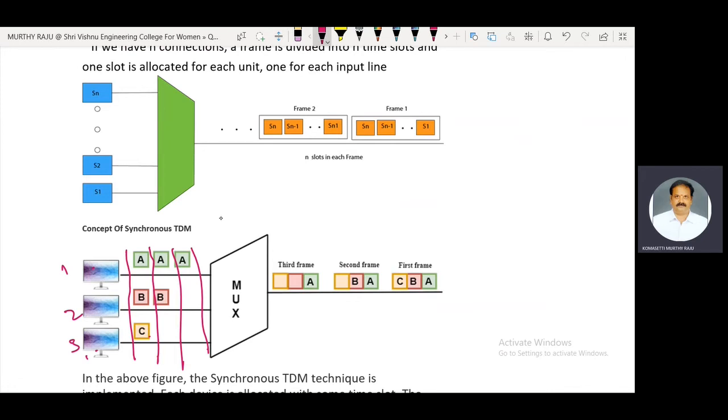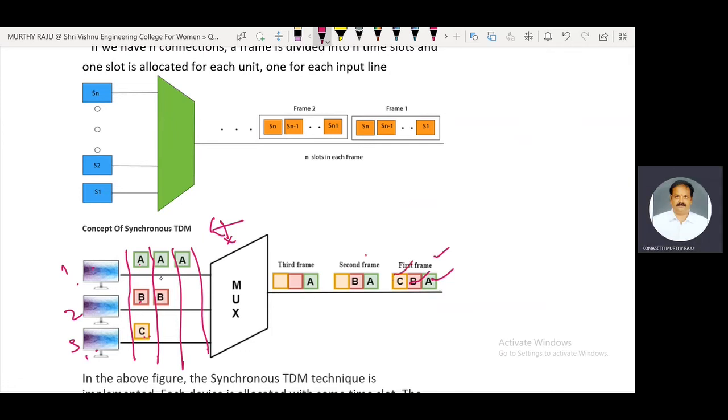By using this switch, which rotates continuously, the information is extracted from the slots. Frames are formed. In the first frame, place the first slot information of source 1, A. Place the information of source 2, and then the first slot information of source 3, like that.